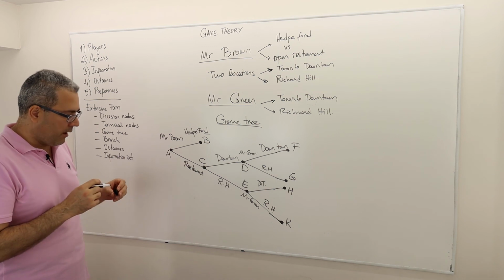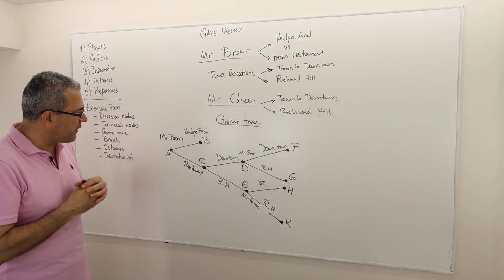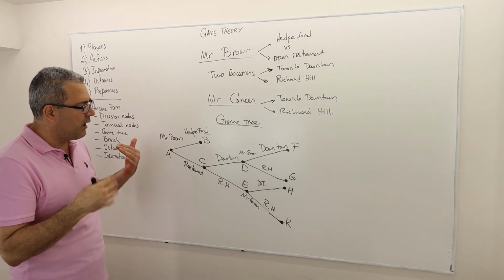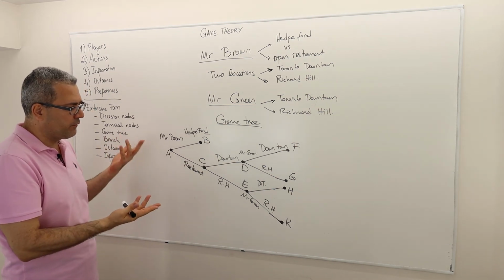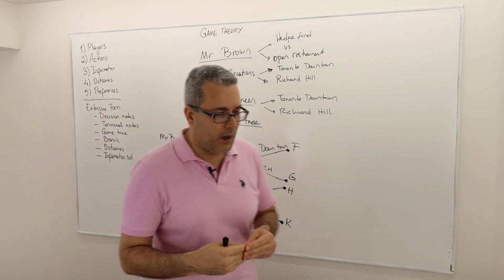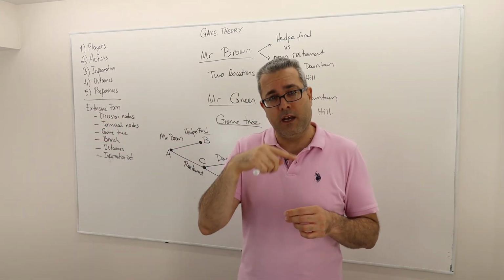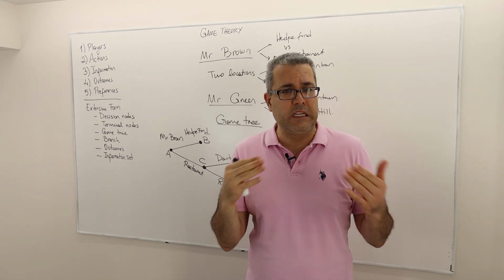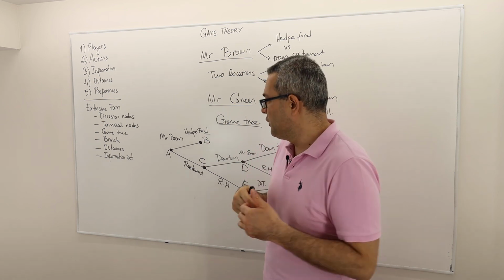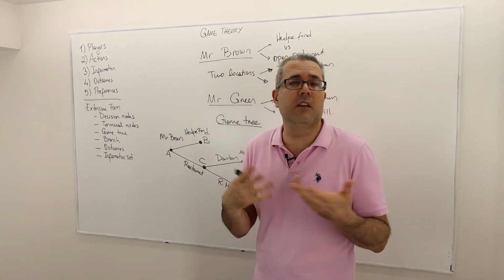So basically, we can describe this game with this game tree. You may ask a few questions. Why is Mr. Brown moving first? Why not Mr. Green moving first? Who determines? Well, in the story that I told you, there is no clear answer to this. So that was a choice that I made. I chose that Mr. Brown makes the first choice.